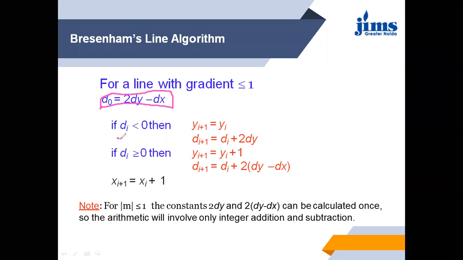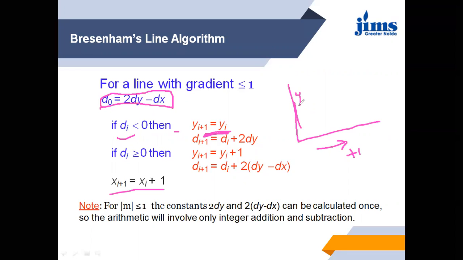If di is less than 0, then we have to draw the lower pixel, because x is constant. Every time I am going to increase the value of x by 1, and I will try to find out the value of y.